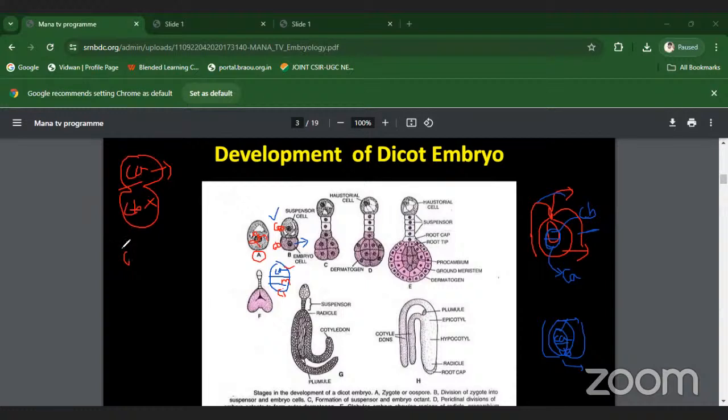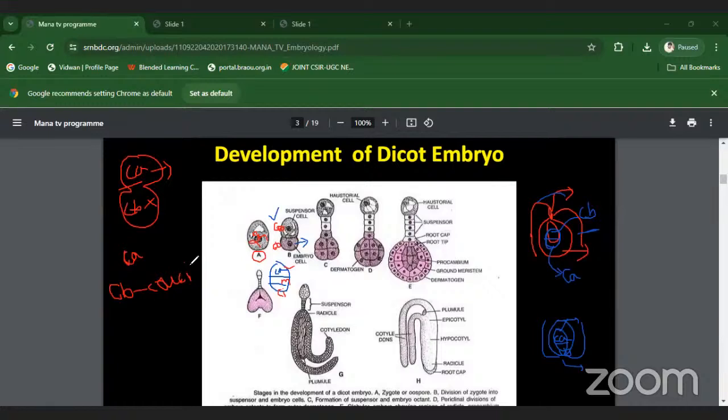So the basal cell may not play an important role in embryogenesis, or may be absent, in cruciferous or monograde type, as you can see in the book also. Where both apical and basal cells are actively involved in the development of the embryo, that is called asteroid type.